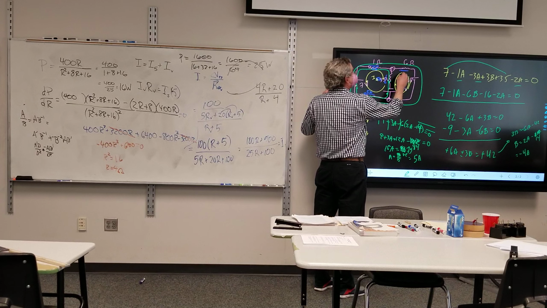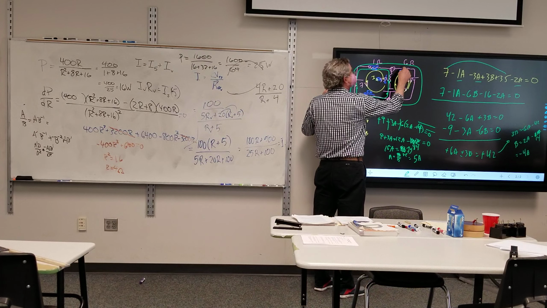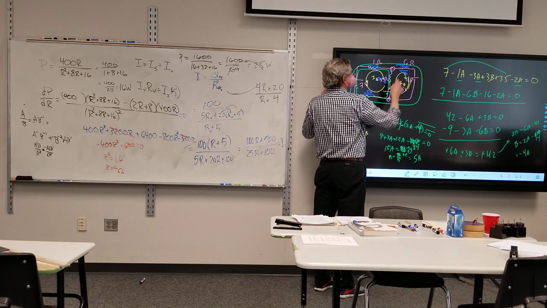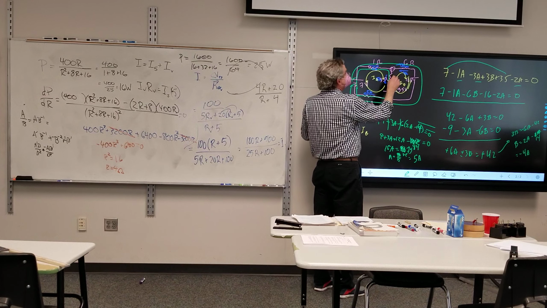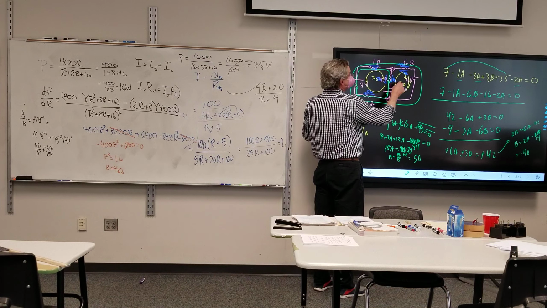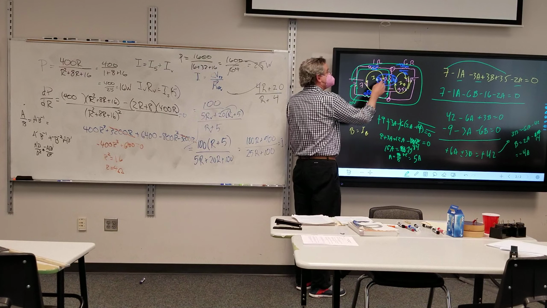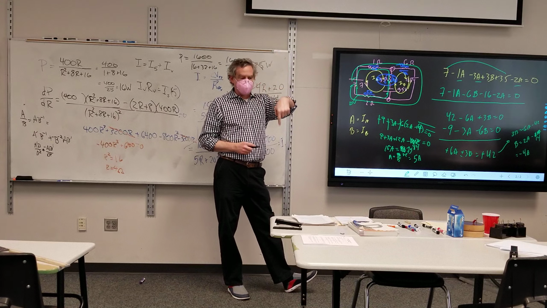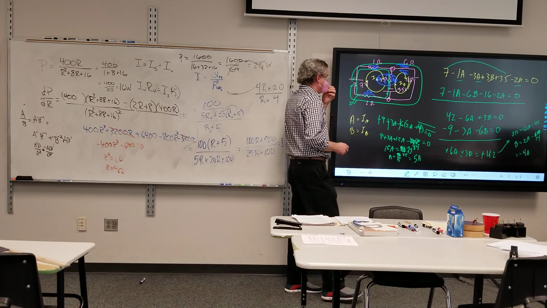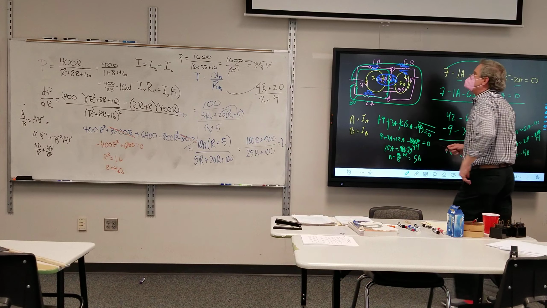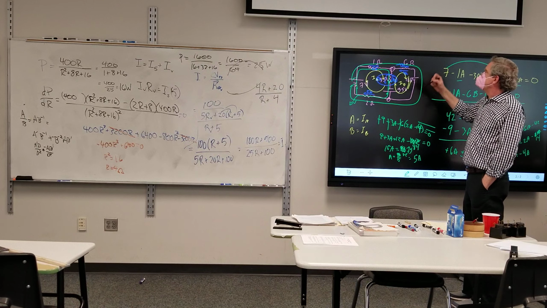So it's 4 amperes going to the left, or negative 4 amperes going to the right, whichever one. I've got 4 amperes here, and that's what I care about. So the current flowing across the middle, 9 amperes down. And then everything else as is.